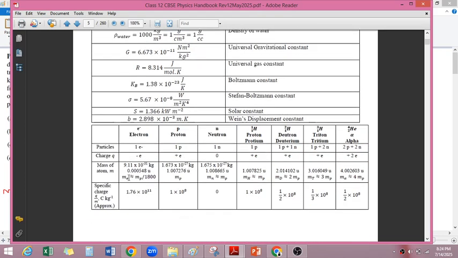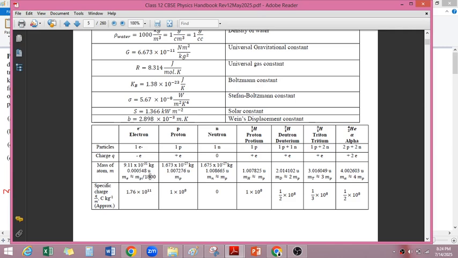Yeah, you see, this is mass of electron, 9.11 into 10 power minus 31 kg. Mass of proton is 1.67 into 10 power minus 27 kg, which means the mass of electron is mass of proton divided by 1800.